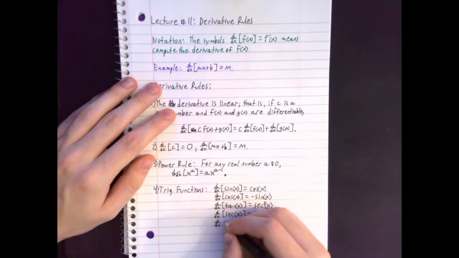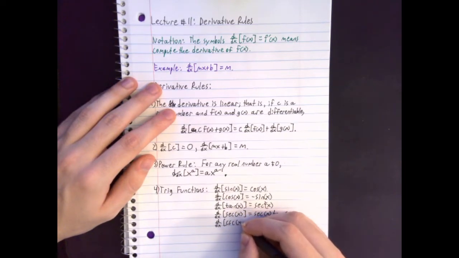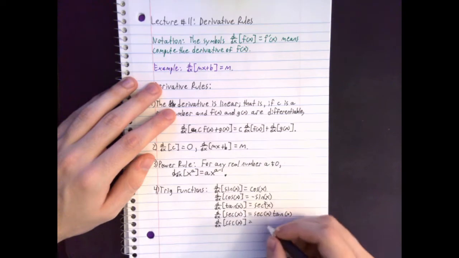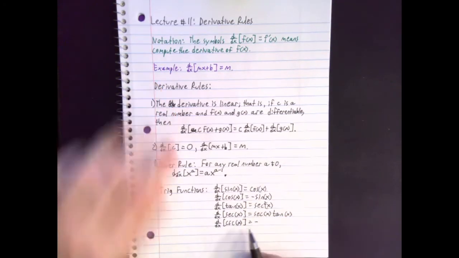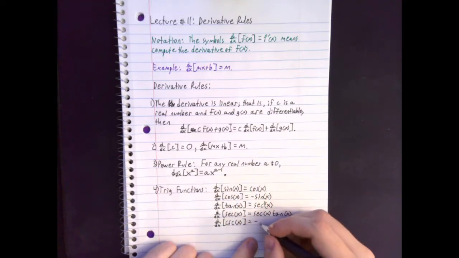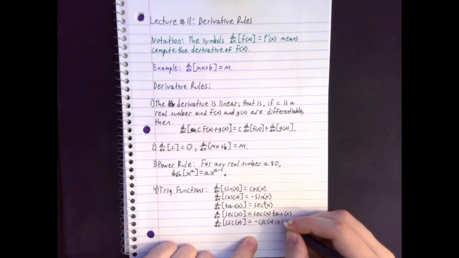The derivative of cosecant of x, so cosecant of x is 1 over sine of x, is negative. It's similar to what happens with the difference between sine and cosine. It's negative cosecant of x cotangent of x.